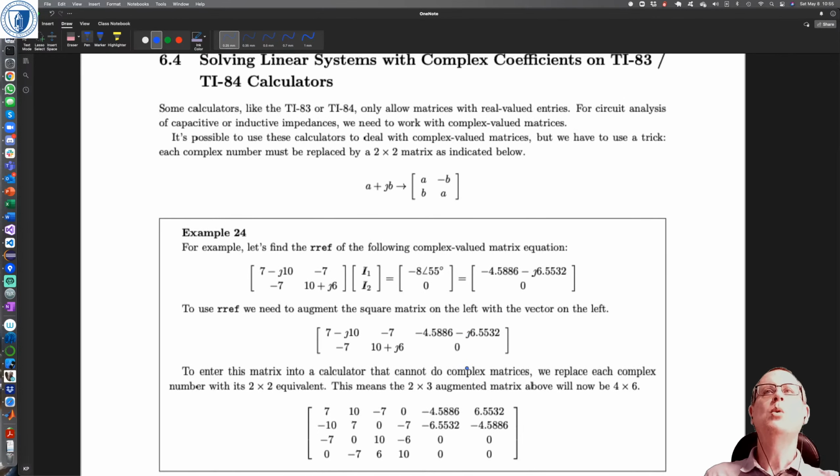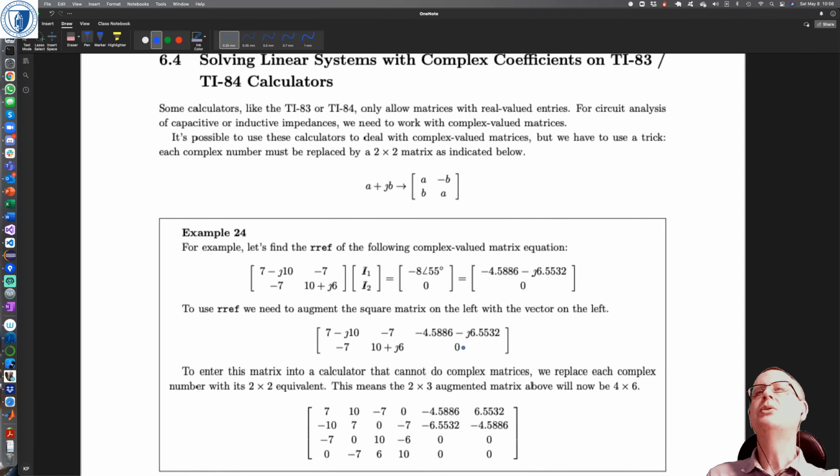And remember, for TI-83 and TI-84 calculator users, there is a slight problem once we move on to impedances, because impedances now introduce complex values to things. The TI-83 and TI-84 calculators won't allow you to do rref on matrices with complex values. However, all is not lost.